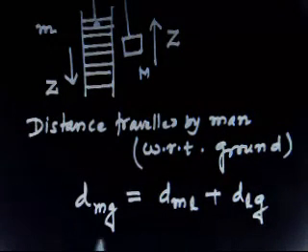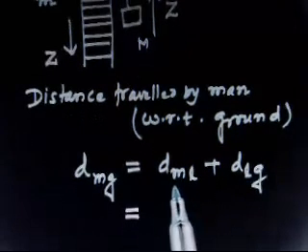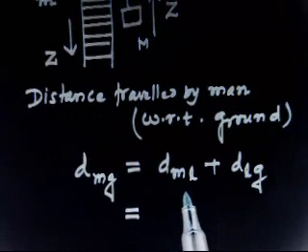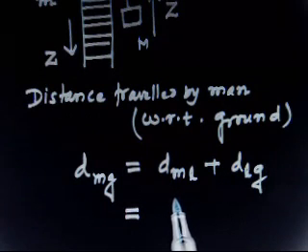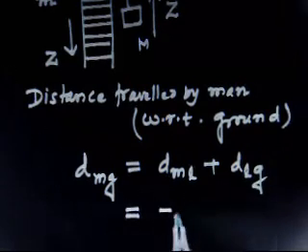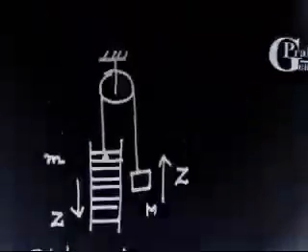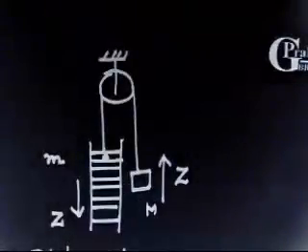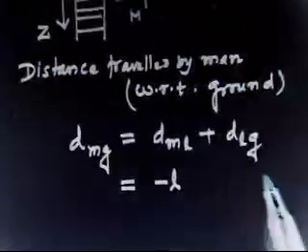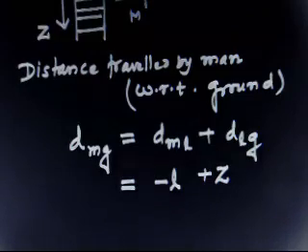So if I apply this, the man is going up with respect to ladder by distance L, and I have taken the upward direction as negative, so this is minus L. Now the distance traveled by ladder with respect to ground: with respect to ground this ladder is coming downward by distance z. So this will be minus L plus z.